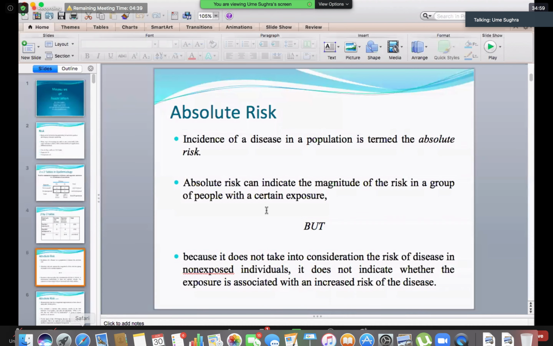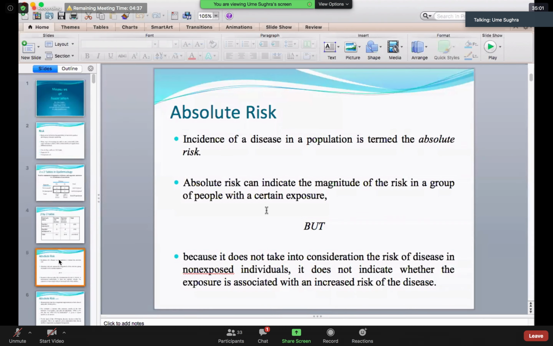How can we tell them that yes, everyone has the risk for developing this particular disease, whether somebody is a smoker or a non-smoker, but you have more risk. So how do we find that more risk or additional risk for developing that disease? How can we calculate that added risk?